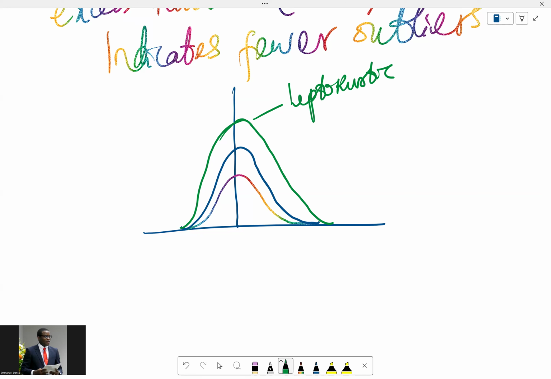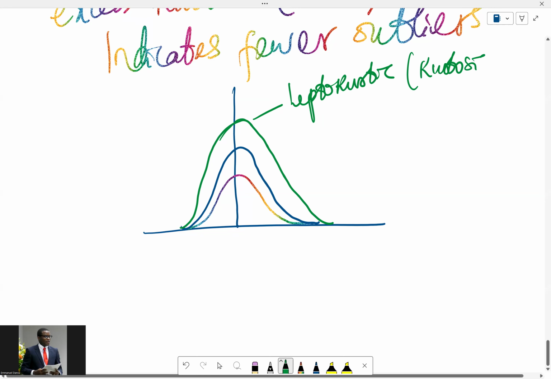In that case, we say the kurtosis is leptokurtic, meaning the kurtosis is greater than 3, okay? And then for the next one, this is the normal thing.